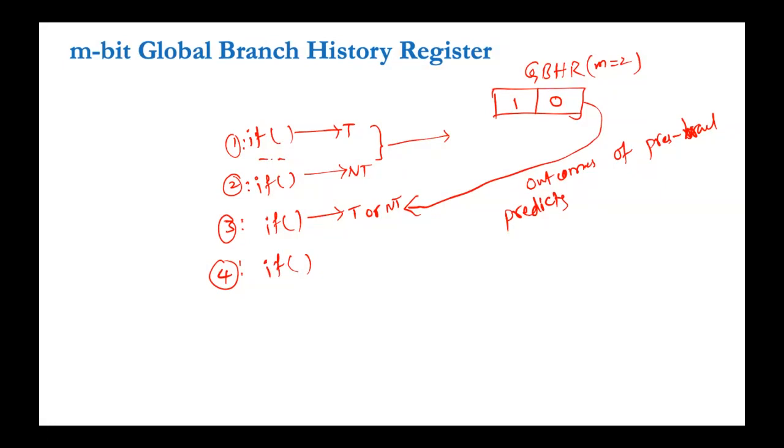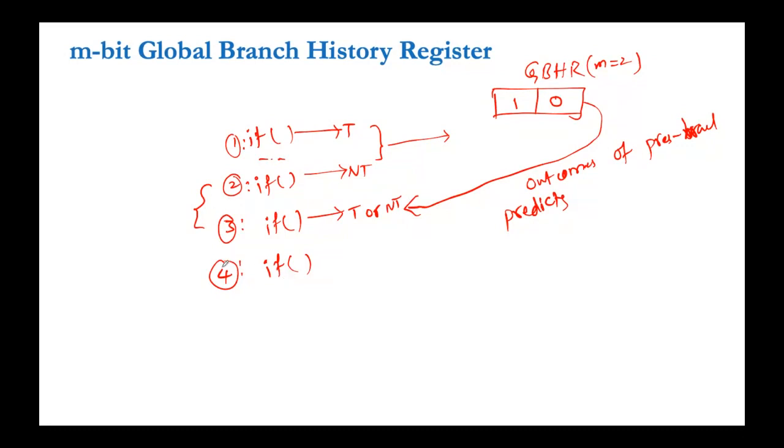Is it 1, 2, or 2, 3, or 1, 3? 2, 3. Yes, the sequence of the previous branch history will be taken. So 2, 3 will be used to predict whether the fourth branch will be taken or not taken.